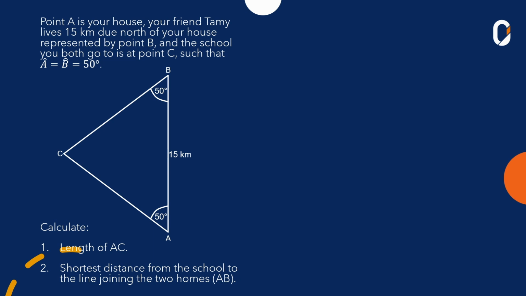We know the other two values of the angles inside this triangle, and hence we can simply find the third angle. I'm going to go on and say angle C is equal to 180 degrees minus 2 multiplied by 50 degrees, because we have two angles that are equal to 50 degrees, and that is equal to 80 degrees.